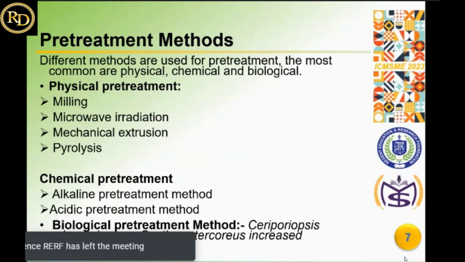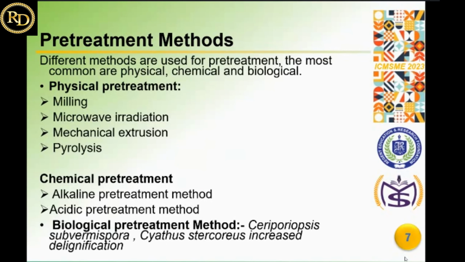For acidic pretreatment methods, we generally use phosphoric acid, or the common acids H2SO4 or HCl. But the caveat of using acid is that acids are relatively costlier, prone to corrosion, and there are safety issues.